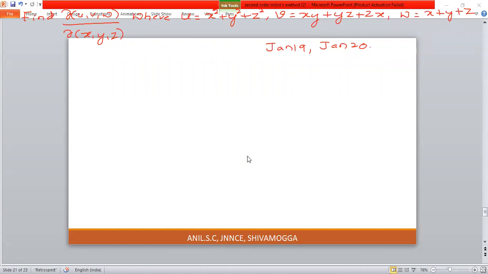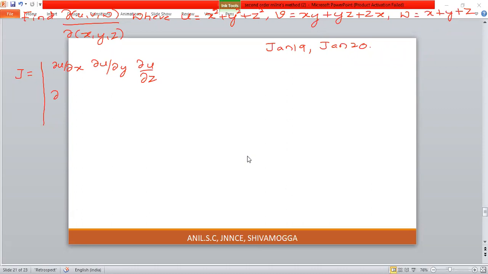Now write the Jacobian. Jacobian of UVW with respect to x, y, z. Construct the determinant, whose first row is del u by del x, del u by del y, and del u by del z.